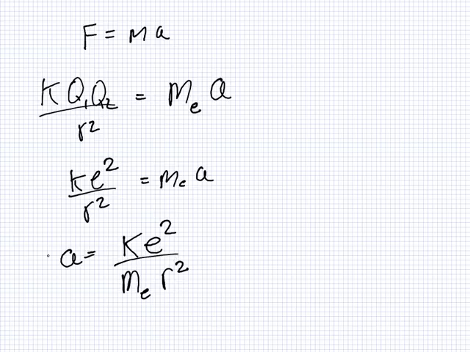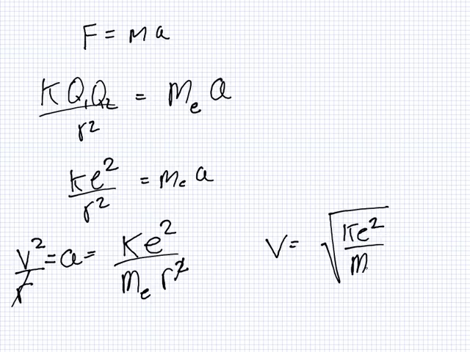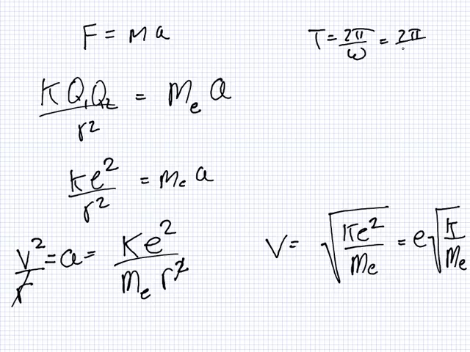But from circular motion a is V squared over R, so we can cancel, and we get V is the square root of K e squared over m_e, which is e root K over m_e. Now T is 2 pi over omega, and omega is V over R, isn't it?